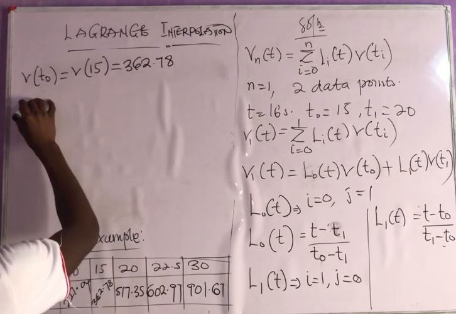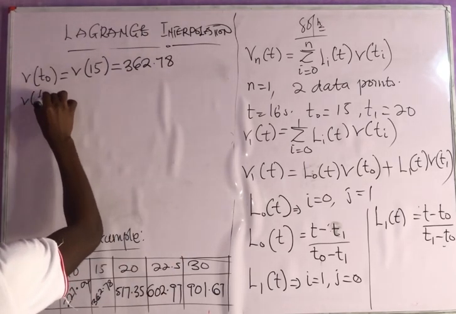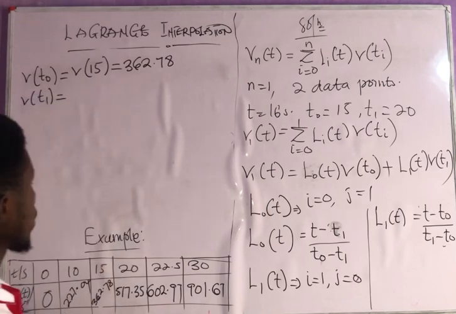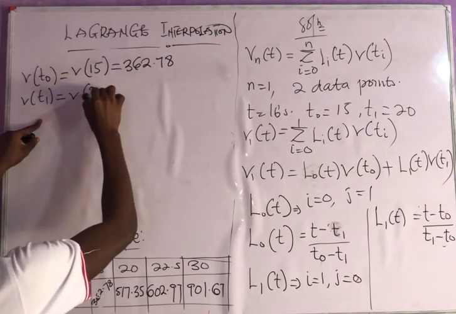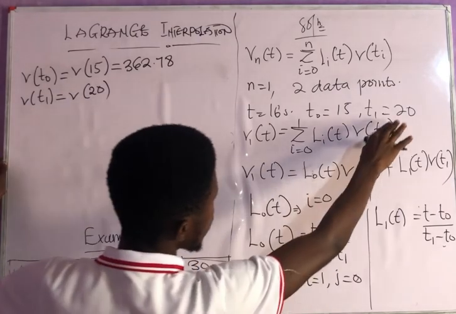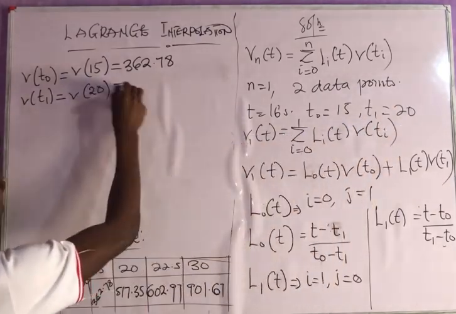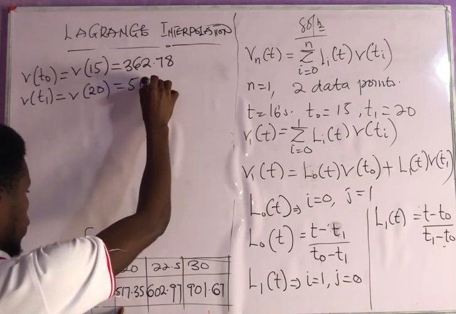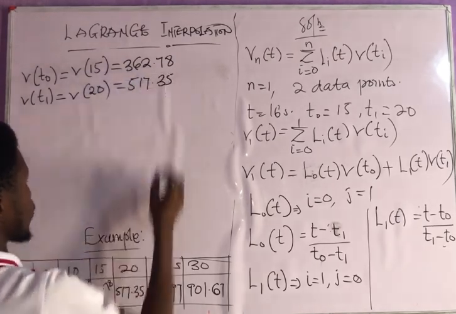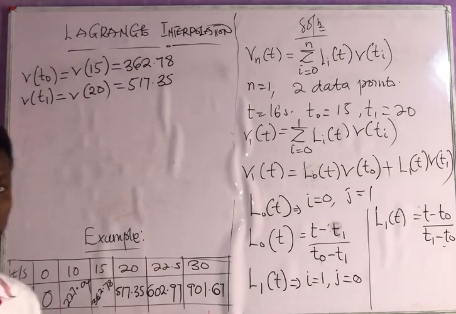Then V of t1. Where's our V of t1? t1 here is 20, and that one corresponds to 517.35. I hope it is okay.